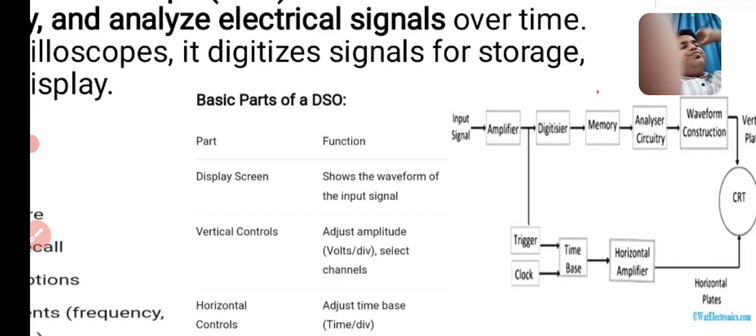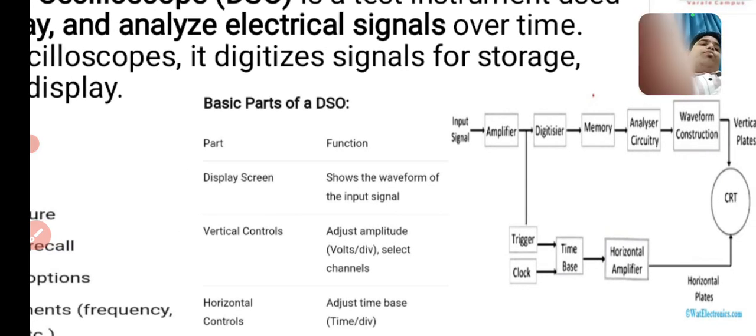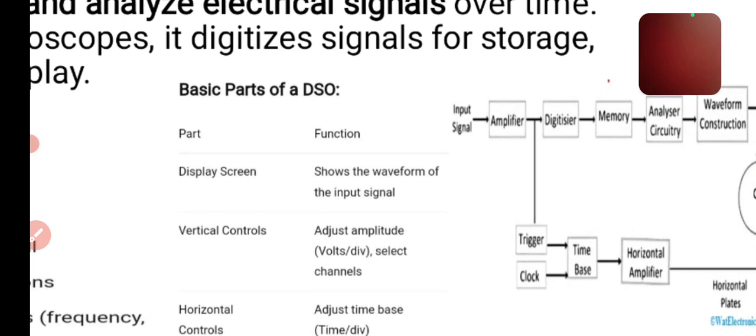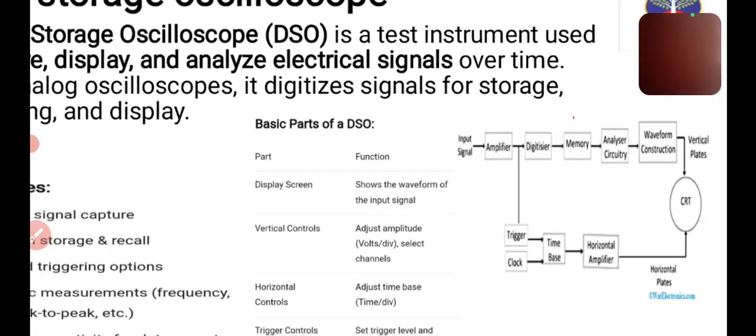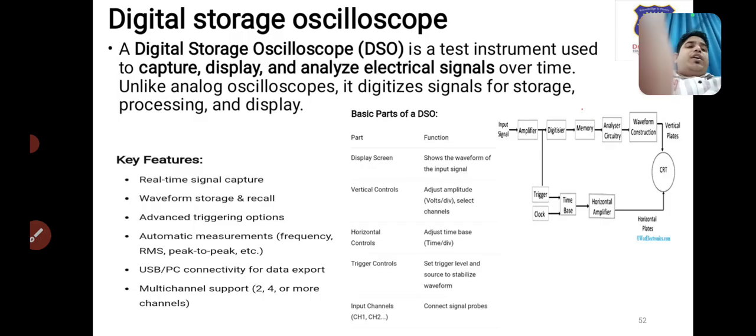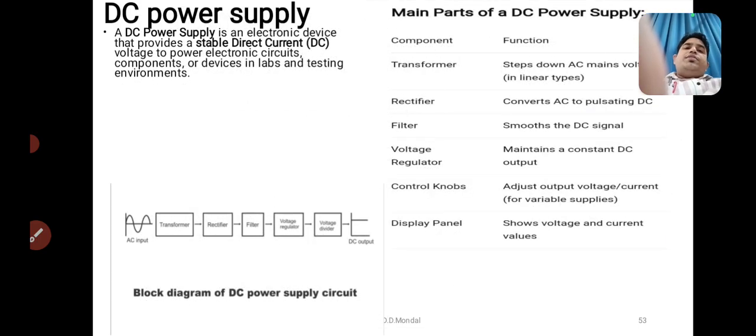It may be the sampling form and quantization form. It is stored in the memory, then we analyze that and reconstruct the waveform. It has a vertical section and horizontal section. There is a triggering time base generator and horizontal amplifier, and at the display we can see different types of waveforms for analysis purposes.